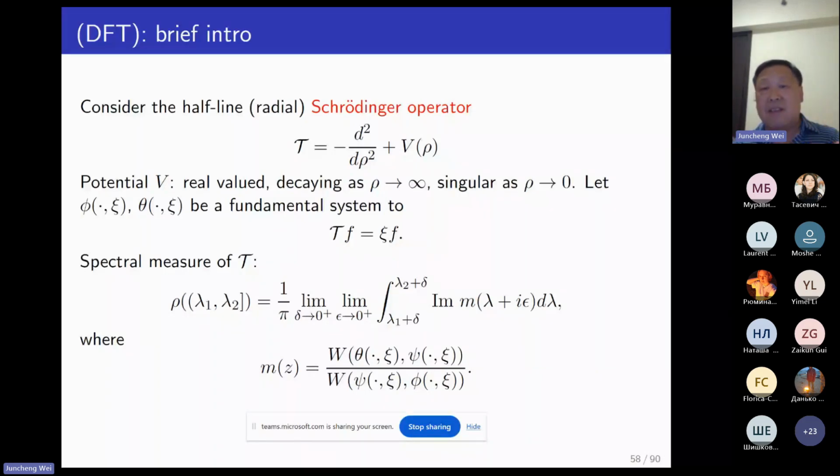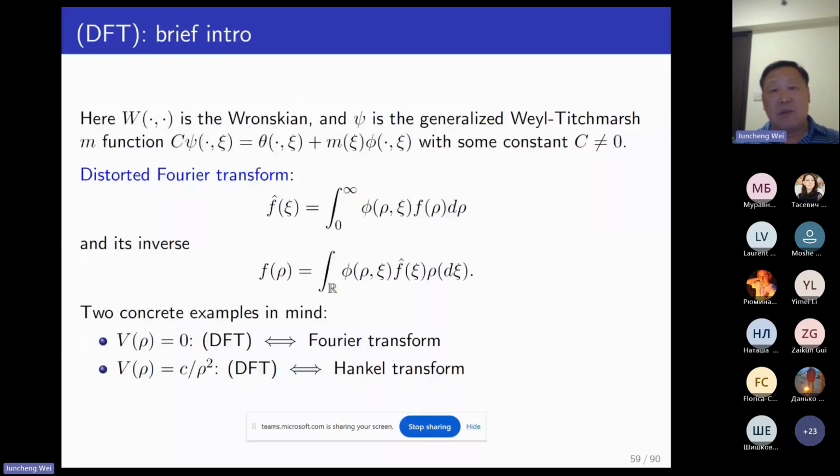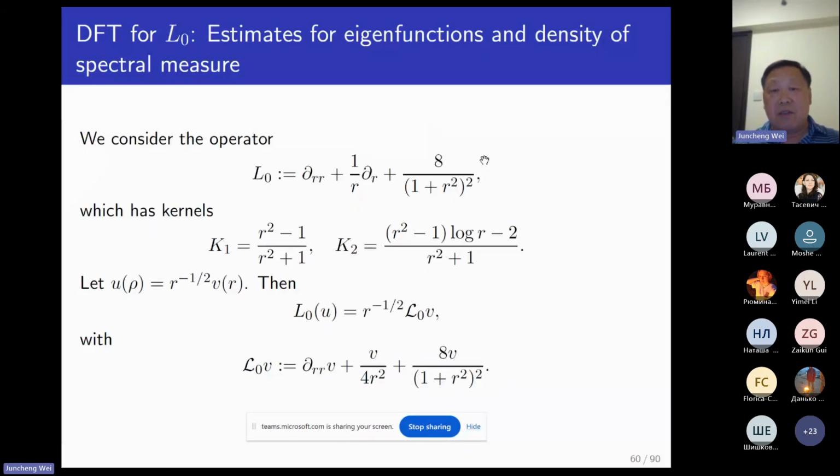This function comes from the new Weyl potential, and so we need to develop the distorted Fourier transform with respect to this Schrödinger potential. For this potential, you have these two kernels.